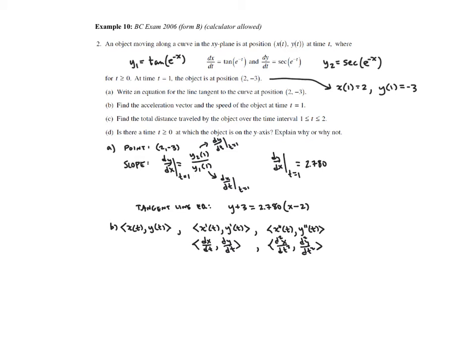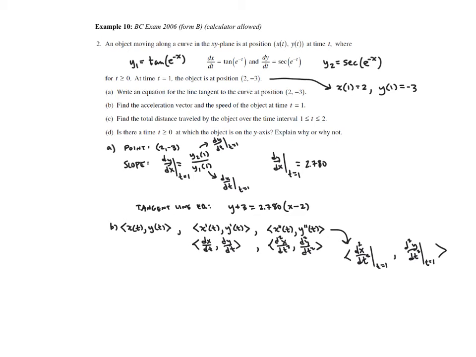Now, if I want the acceleration vector at time 1, I'm just going to manipulate this to be d squared x dt squared at t equals 1, comma d squared y dt squared at time 1.